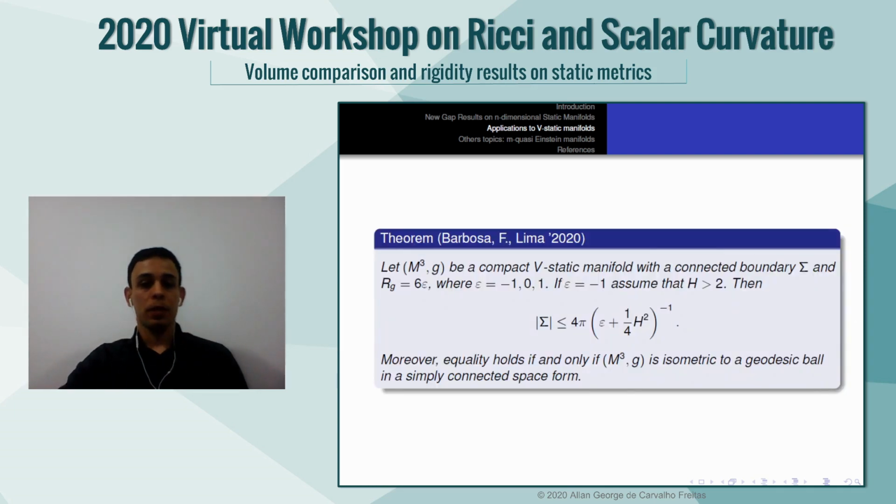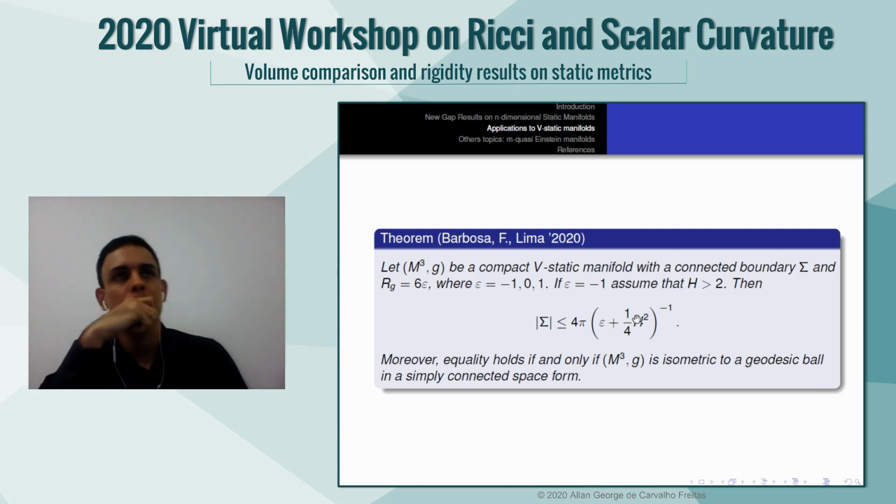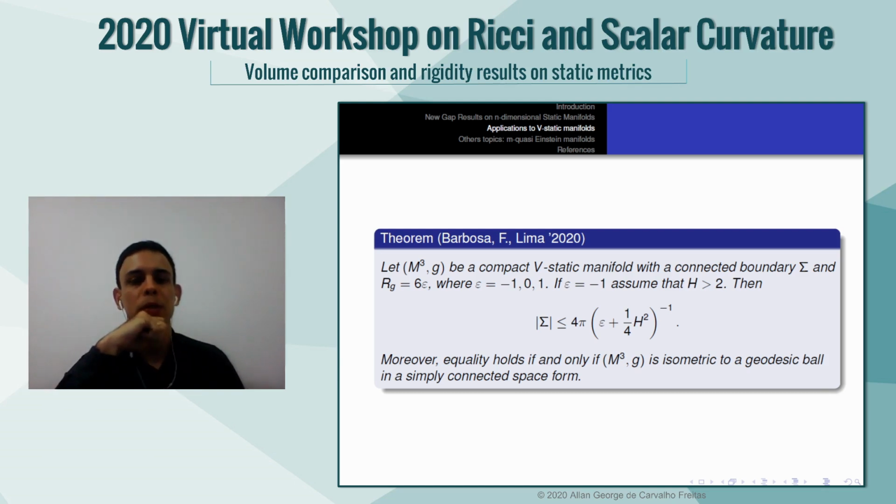This permits us to obtain this limitation for the volume from the boundary, okay. This is very similar to what happens in static manifolds. It is like a Boucher-Gibbons-Horowitz upper bound for the boundary in the case of V-static manifolds. So we can also obtain it using this.